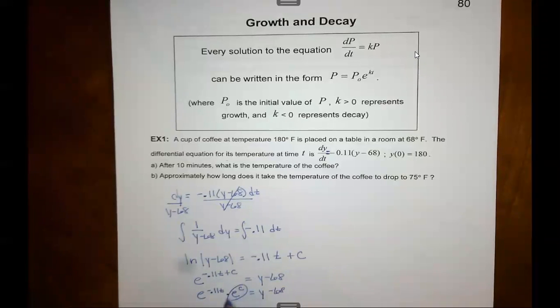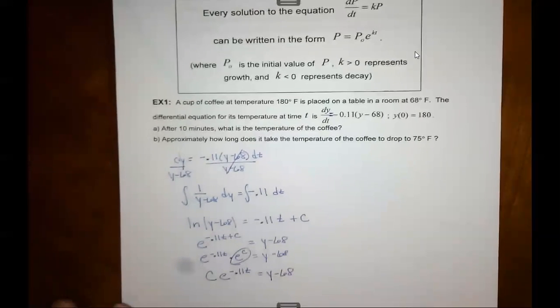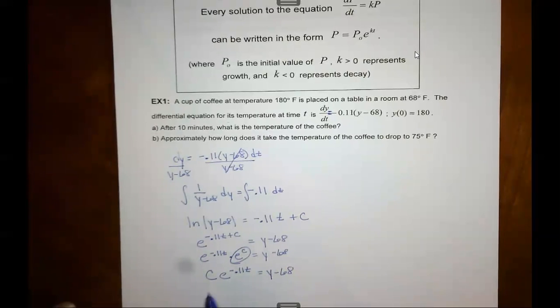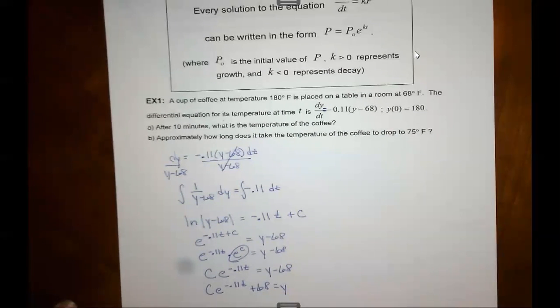And we talked about this, that it's just an unknown constant, so we can place it at the front. It's just a constant times e to the negative 0.11 t power equals y minus 68. So we could go ahead and add the 68. We have c e to the negative 0.11 t plus 68 equals y.